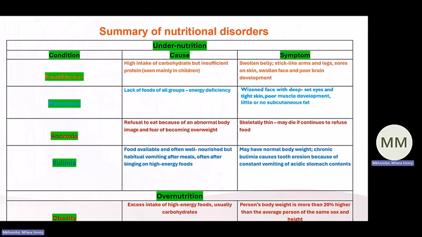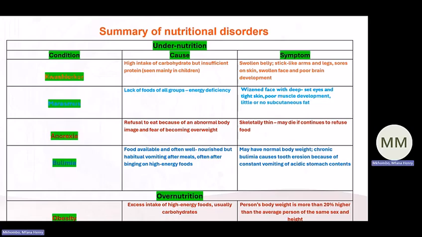We also have another eating disorder, which is bulimia nervosa. Again, it's another eating disorder, and it can be psychological or medical. The food is available and the person is often well nourished, but due to habitual vomiting after meals, often after binging on high energy food, even after the food has been eaten, they regurgitate or vomit it. So there will be less food taken for digestion and absorption.